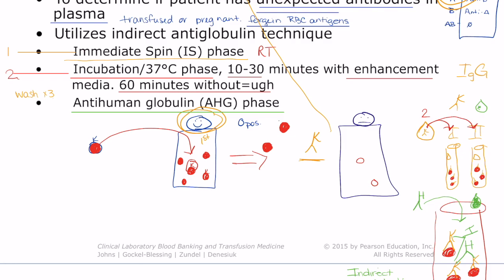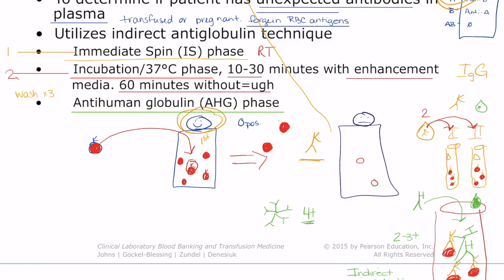But again, these are still a little wimpy, and they are not IgM. IgM is amazing, and we get 4+ reactions when we have good IgM. When we add this anti-human globulin, we're typically not going to see 4+ reactions. 2 to 3+ reactions are what you normally see if it's positive.